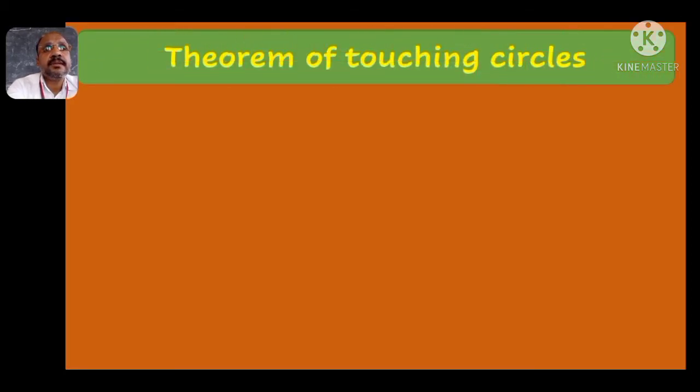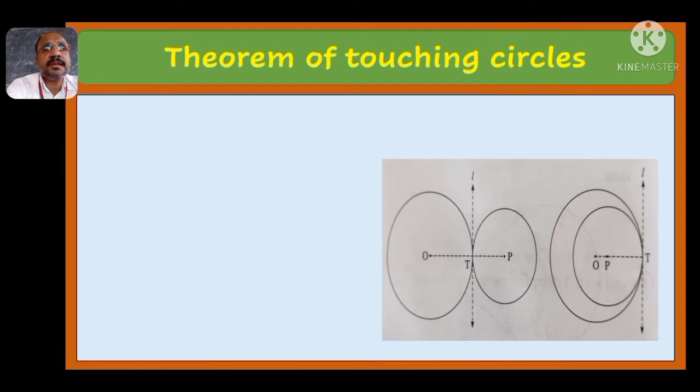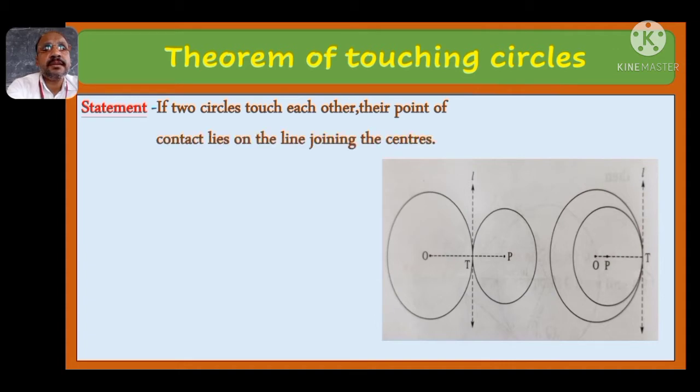Now, theorem of touching circles. The statement of the theorem is, if two circles touch each other, their point of contact lies on the line joining the centers. Here we have given the figure of touching circles, touching externally and internally.